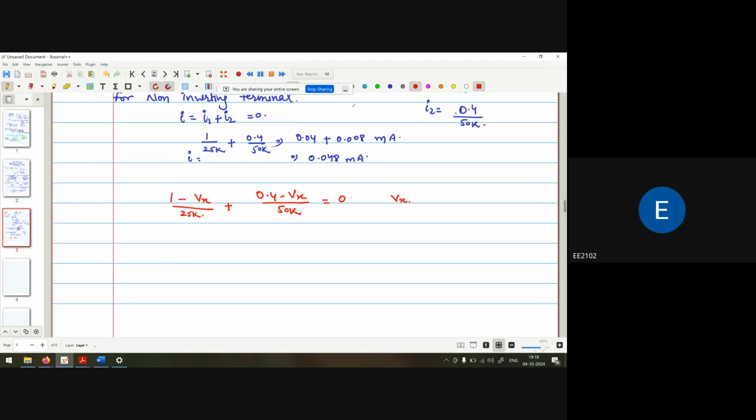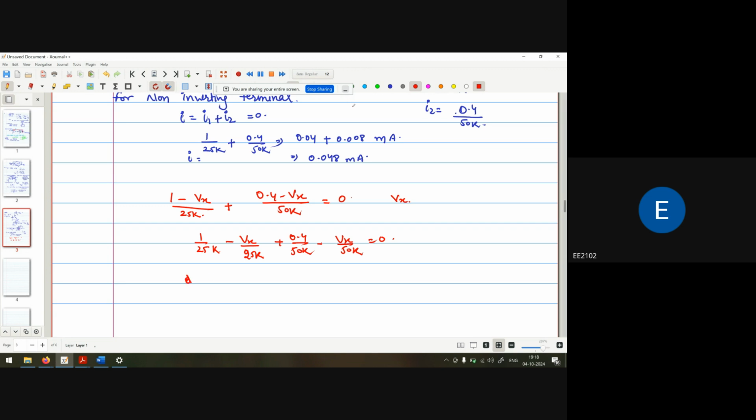So what is the Vx value? 1 upon 25k minus Vx upon 25k plus 0.4 upon 50k minus Vx upon 50k. That becomes 0.